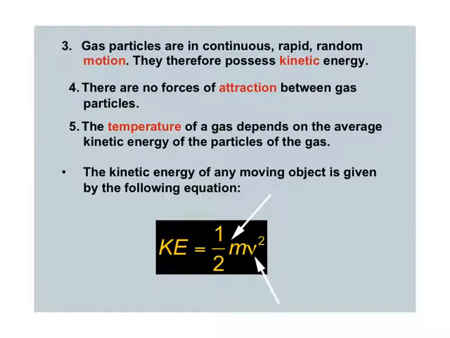What's important to realize here is that the velocity tends to count more than the mass, okay? So this means that the kinetic energy is measured based more on the velocity of particles than it is off of the mass.